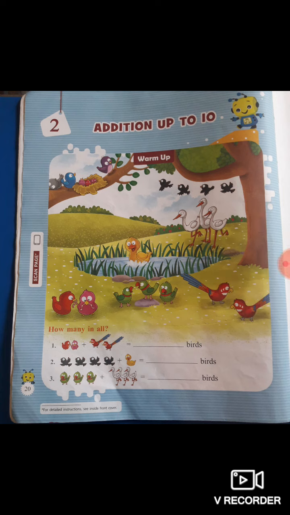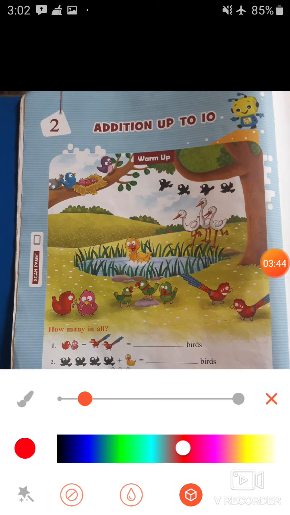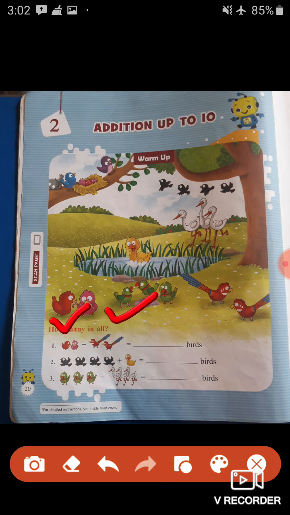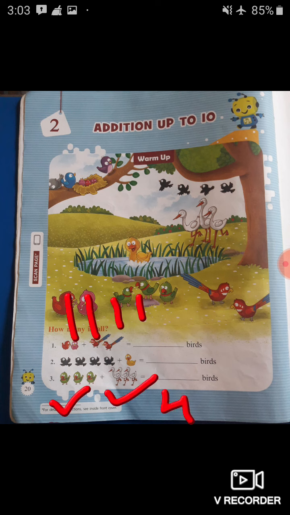In the first picture there are 2 birds on the first side, then 2 birds on the next side. So 2 plus 2 is equal to 4. So there are 4 birds, 1, 2, 3, 4. You have to fill in 4 here.